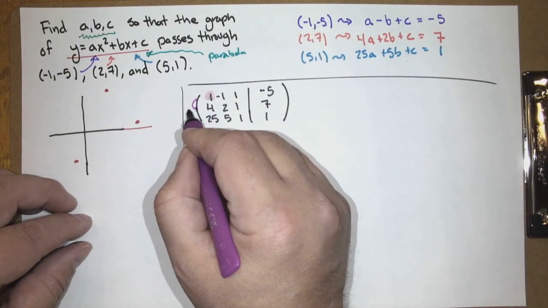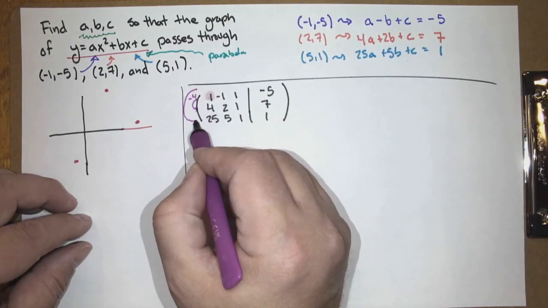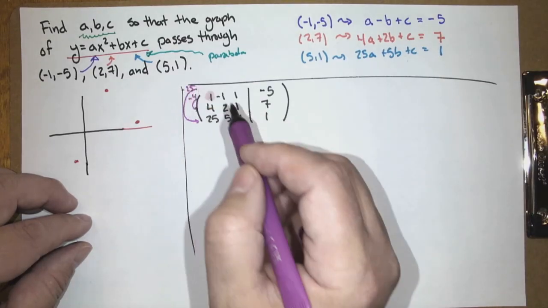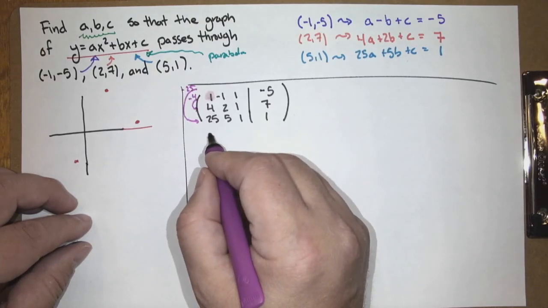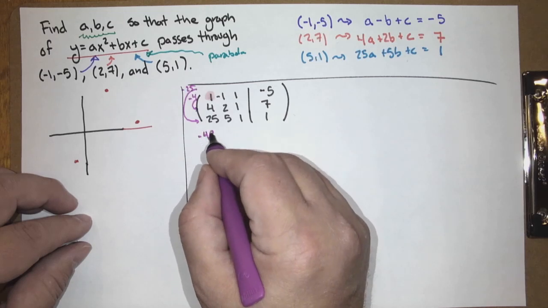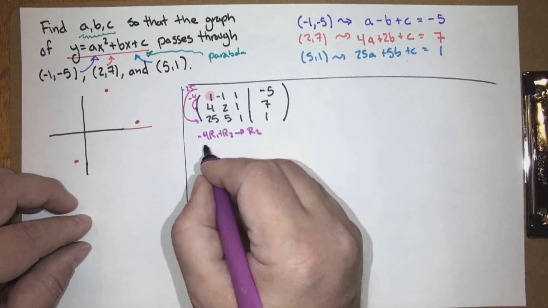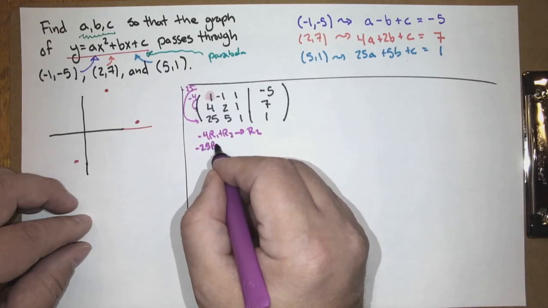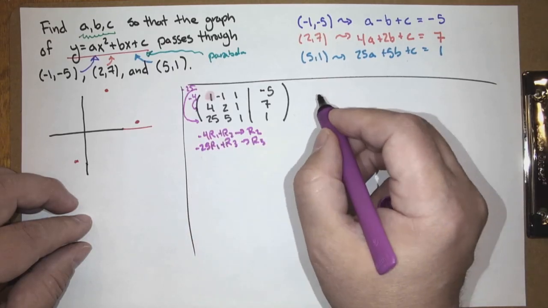We're going to take -4 times the first row, add it to the second row, -25 times the first row, and add it to the third row. So in particular, if we use our notation, -4 row 1 plus row 2 is going to become the new row 2, -25 row 1 plus row 3 is going to become the new row 3.